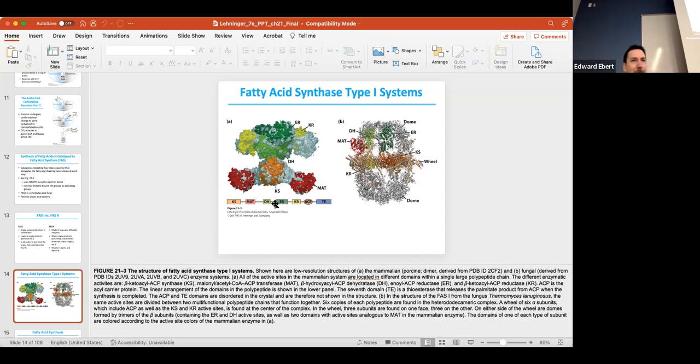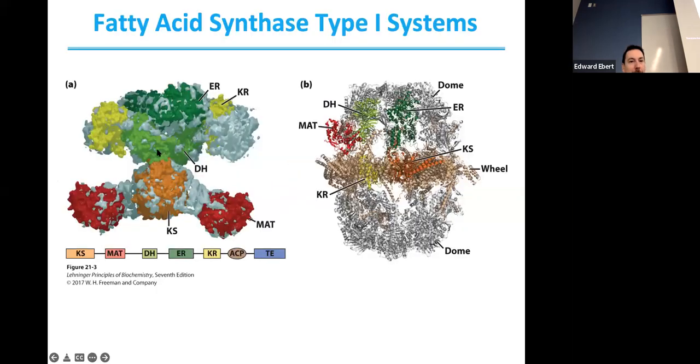I always look at that and think, endoplasmic reticulum. No. So all these are various fatty acids going through different reactions. And the key to this picture is that there are a lot of places where these reactions occur on fatty acid synthase type 1.